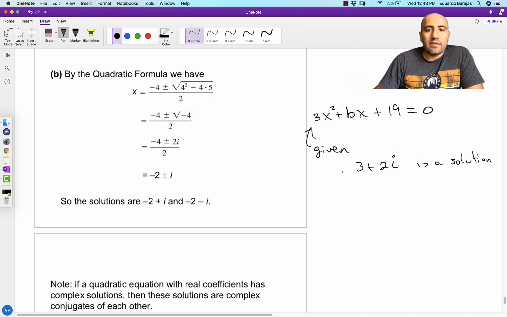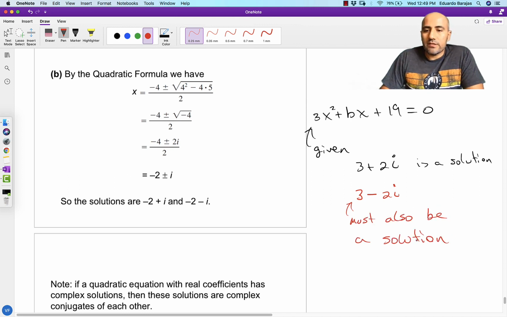Well, this is telling me that they come in conjugate pairs. So if this is a solution, this is telling me that 3 minus 2i must also be a solution. We'll use that down the road in this class. But that's what this is saying. They come in pairs, conjugate pairs.